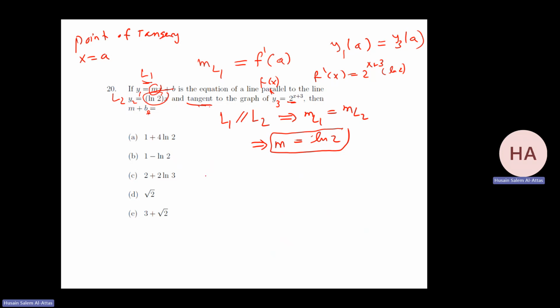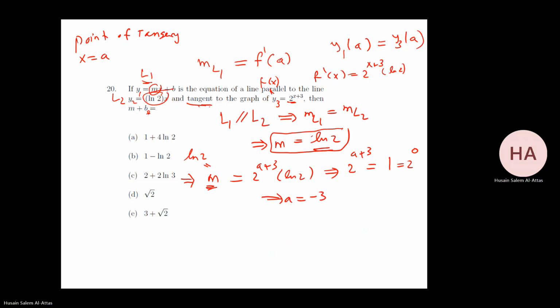So I have M will be at A, 2 to the power A plus 3 times ln2. Don't forget that M is ln2. M is ln2, this is ln2. That means 2 to the power A plus 3 will be equal to 1, which is 2 to the power 0. So A equals minus 3. I got A.